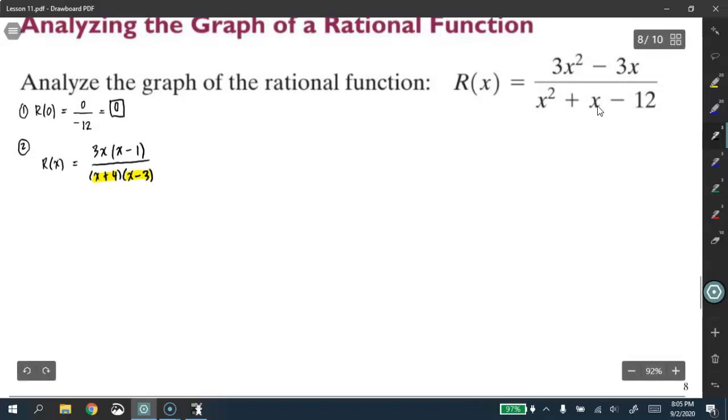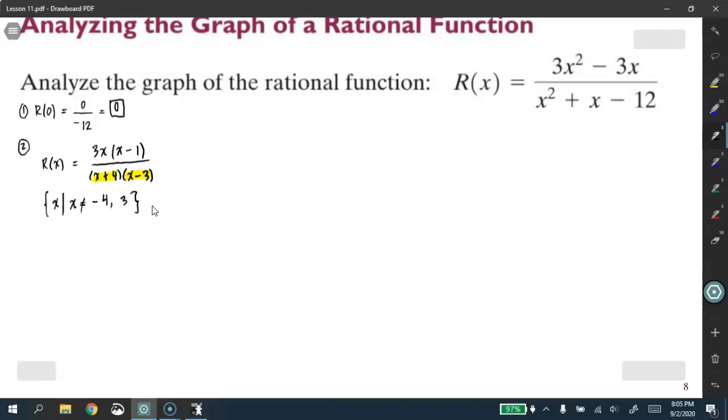And so, as far as the domain is concerned, I'm going to write down that x can be all numbers, but x cannot be negative 4. And the other solution, if x minus 3 was equal to 0, that means x is equal to 3. So that also needs to be excluded from the domain.